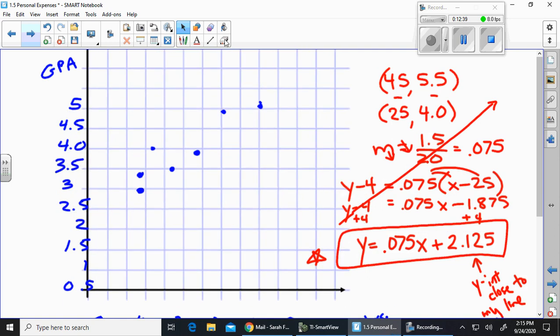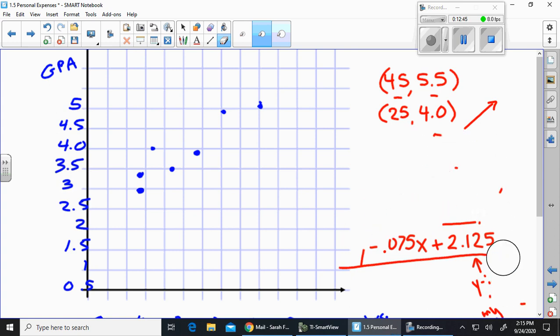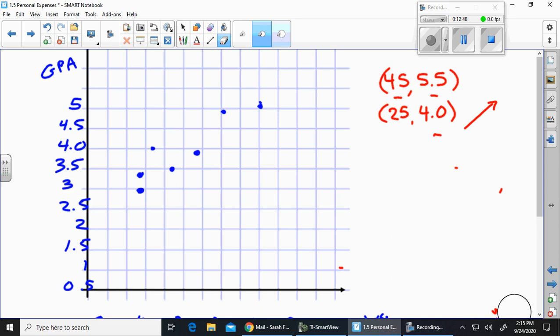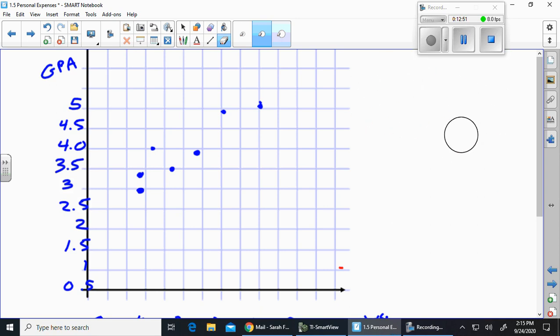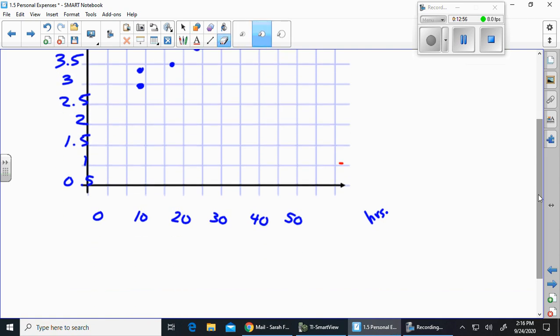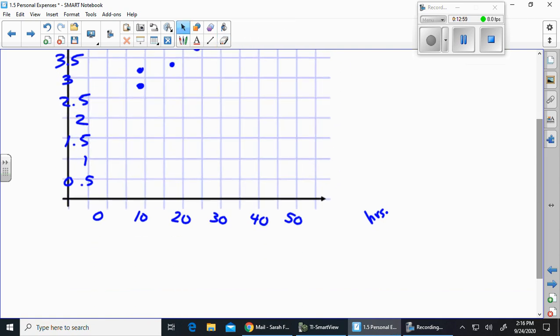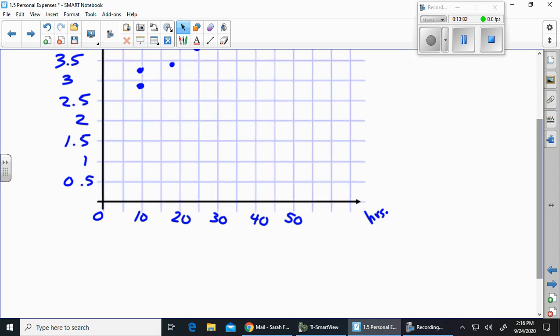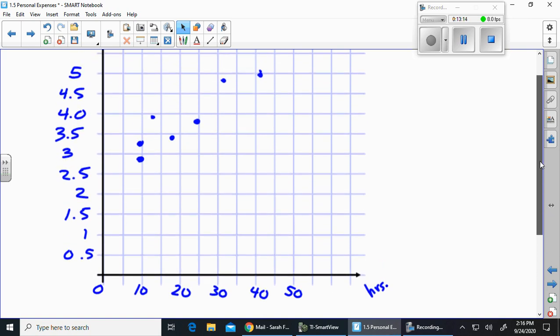I want to get rid of all of my writing over here. So when I look at this, first thing I do, make that scatter plot. Look at your x's, look at your y's, pick something to go by. My x's was hours spent studying, and I went by 5s really with this grid, but I just wrote 10s. And then GPA, well, the highest GPA, I guess it must have been weighted, so you could have gone over a 4.0. So I went 0.5, 1, 1.5, etc.